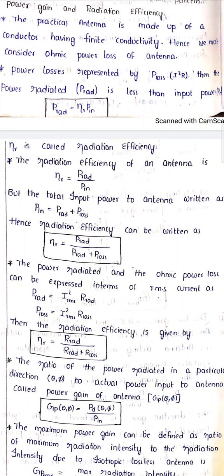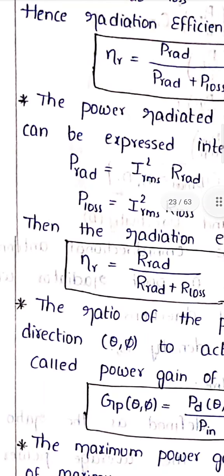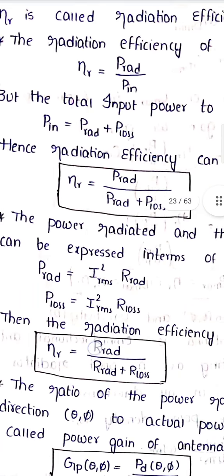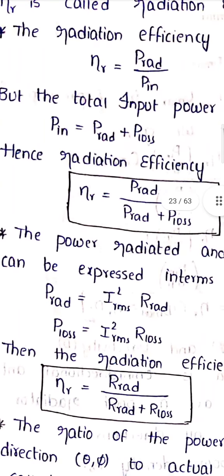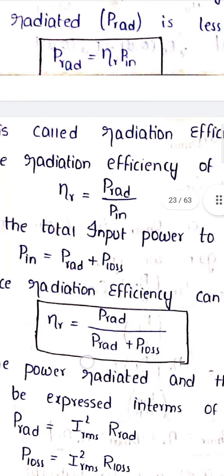The power loss is equal to I RMS square R loss. Then the radiation efficiency, represented by eta R, is obtained by substituting these two equations: P radiated is equal to I RMS square radiation resistance, and the power loss is equal to I RMS square R loss.